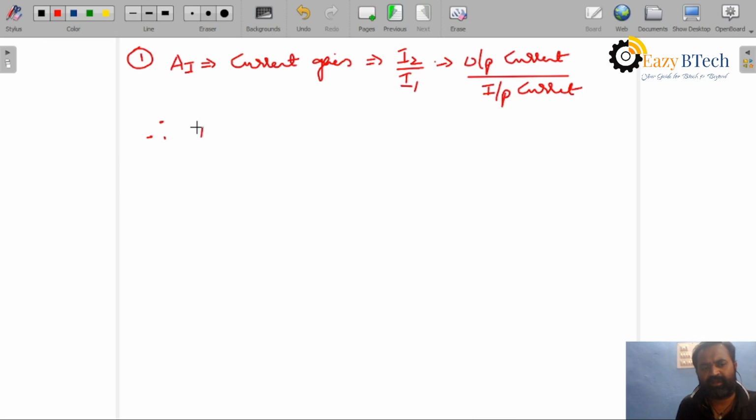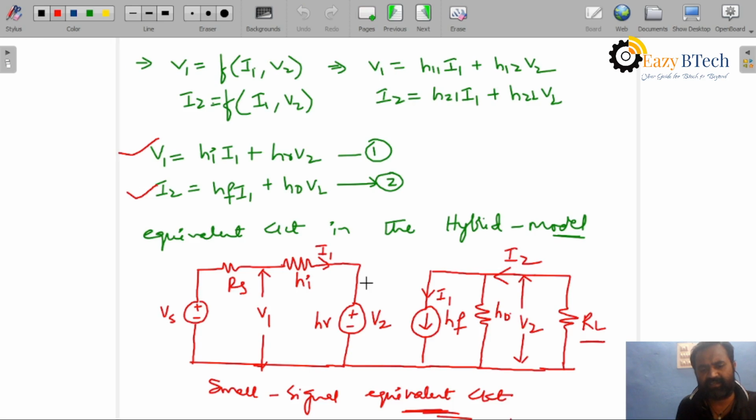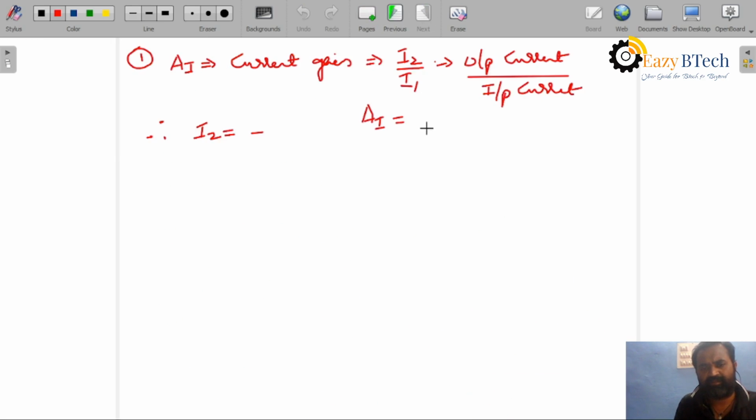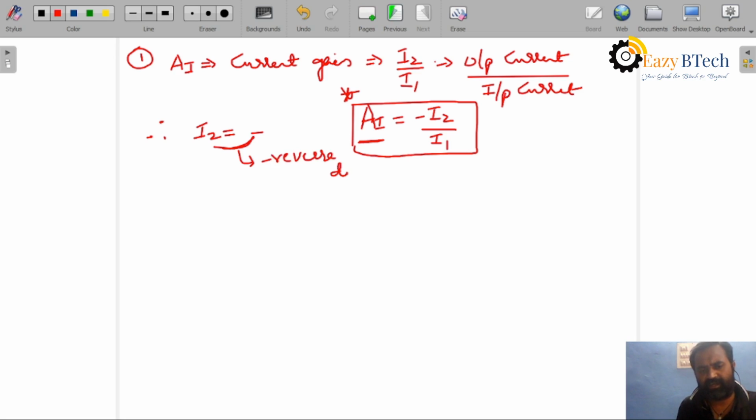If you see here, the current direction is reversed, so we write the current gain of the small signal analysis as AI = minus I2 by I1, because of the reverse direction of current.